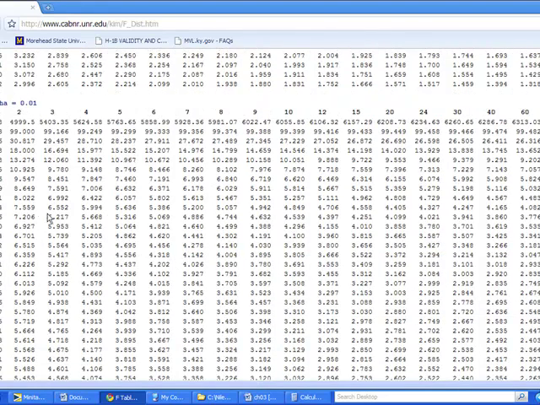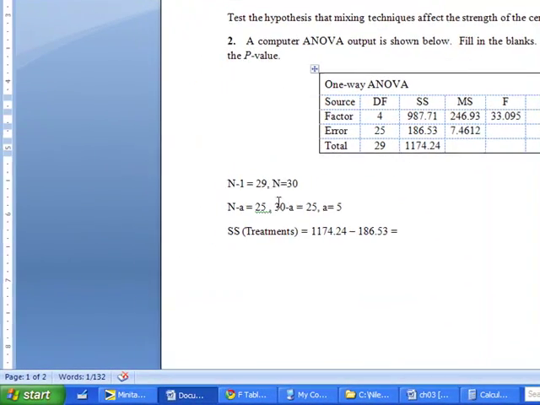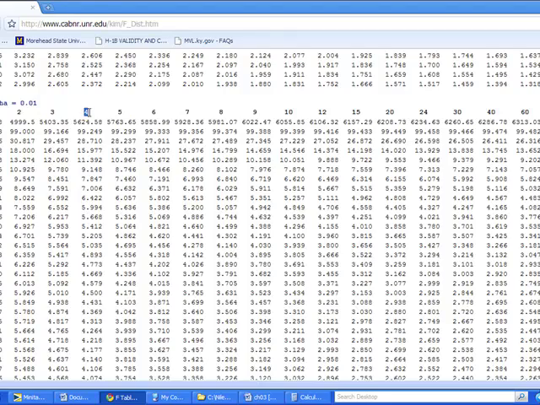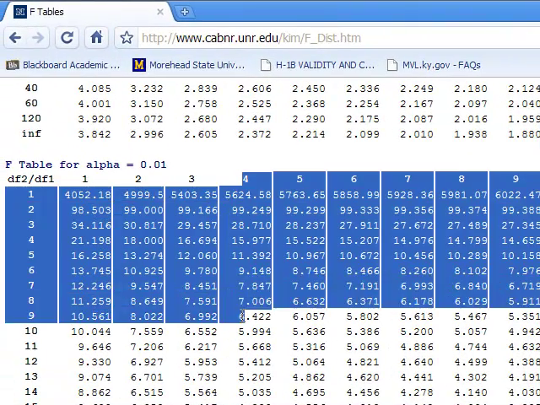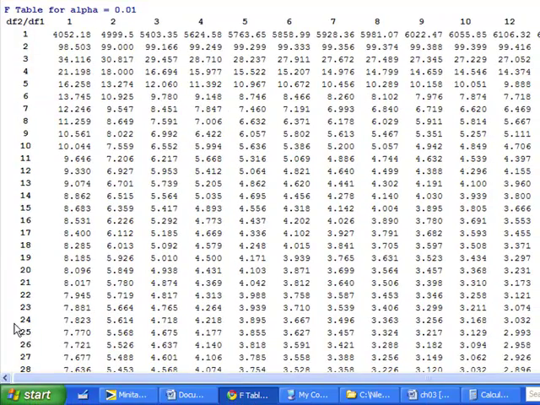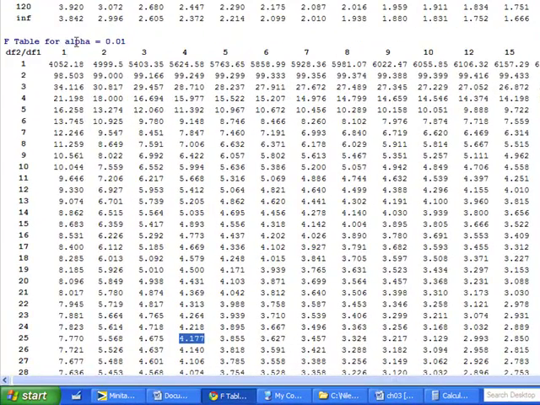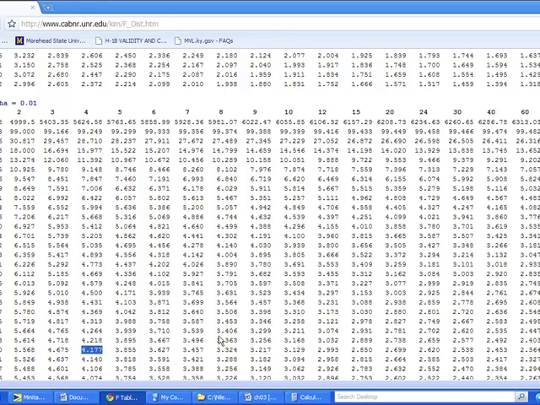In this particular table, the first degree of freedom is 4 and the second degree of freedom is 25. So first degree of freedom 4 here, and I will go down. Second degree of freedom 25 here. That means this value here, 4.177, is the value of F at alpha of 0.01, first degree of freedom 4 and second degree of freedom 25, right?